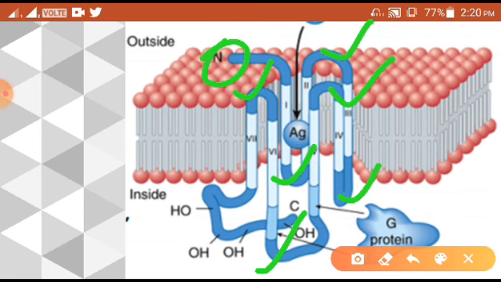So like that the structure has been structured here. I hope you are clear about the structure.